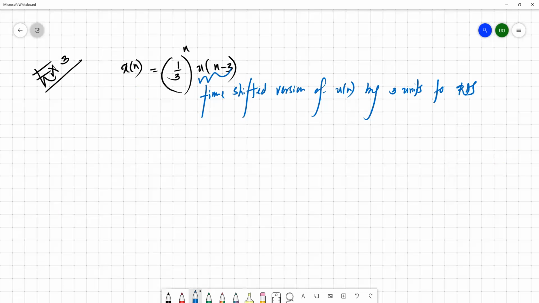So this basically comes from u[n], and it's simply shifted by 3 units to the right hand side.